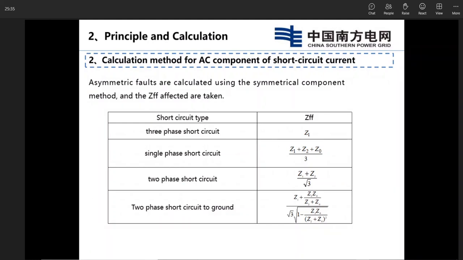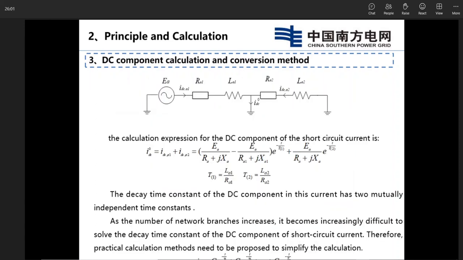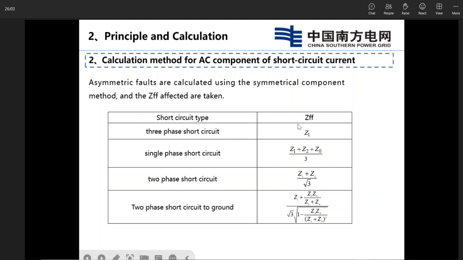Z0 means the zero sequence. So we need to create the positive, negative, and zero sequence components of the self-impedance, and then we can calculate the current under this type of fault. In engineering, we only calculate the three-phase short circuit and the single phase.